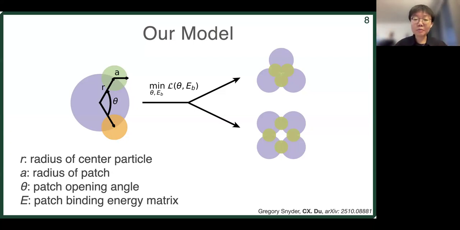But in optimization, we don't want to bias towards that. So we're going to just allow everything to change and then ask what the final optimized parameters are.